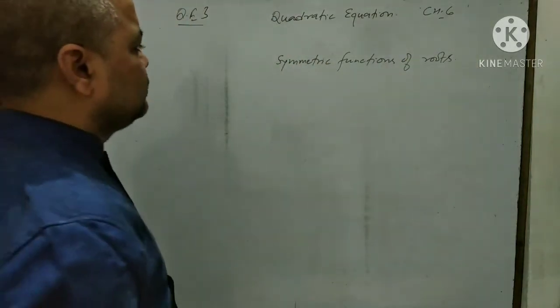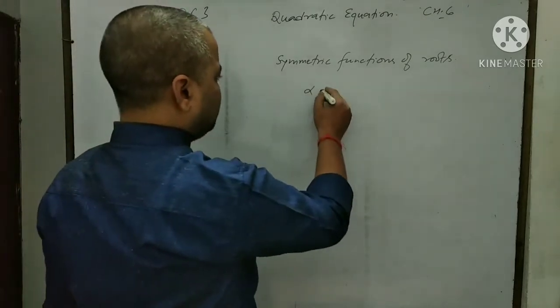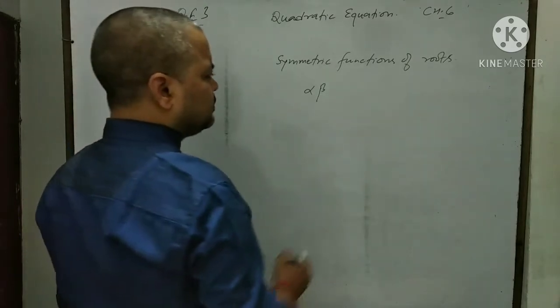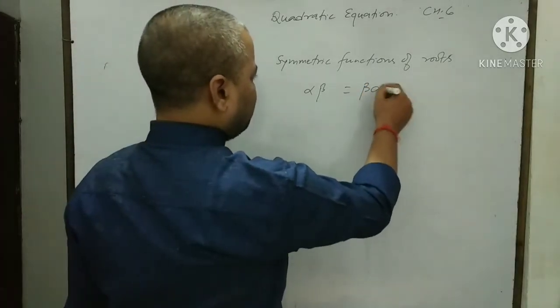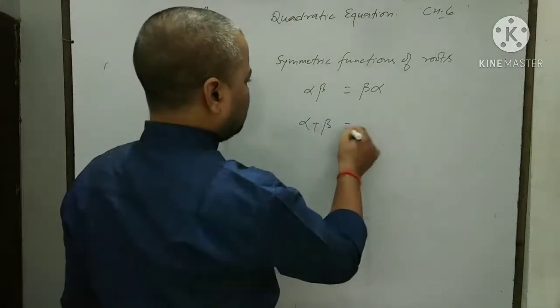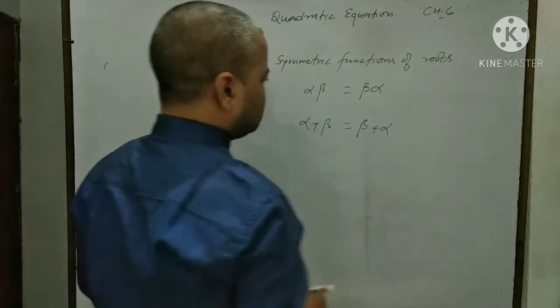Here we just solve. There are two roots alpha beta. Product of these two roots alpha beta is equal to beta alpha, and sum of the roots alpha plus beta can be written as beta plus alpha.